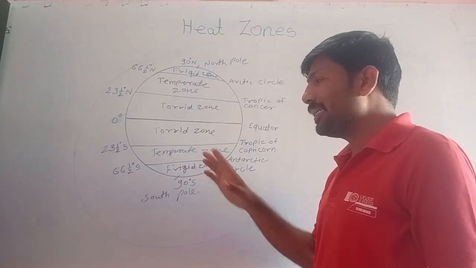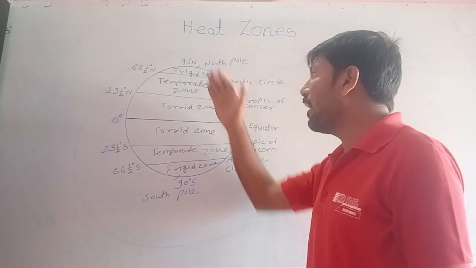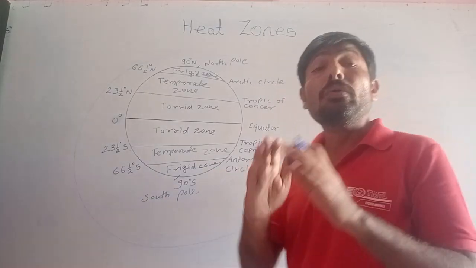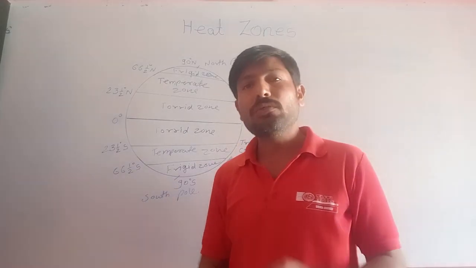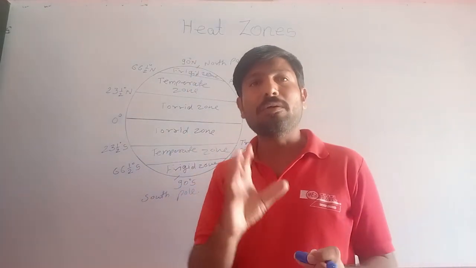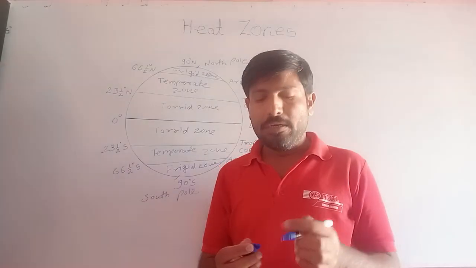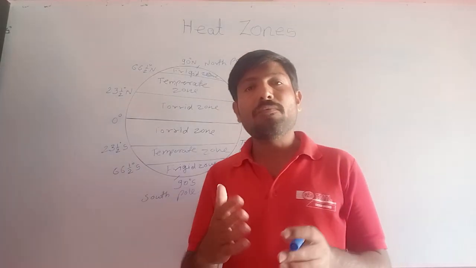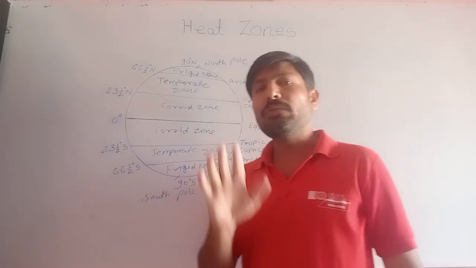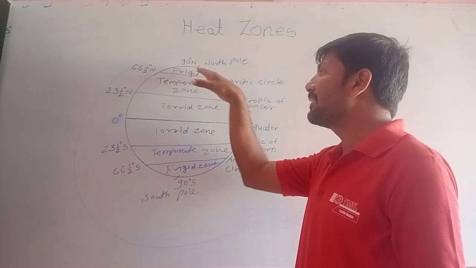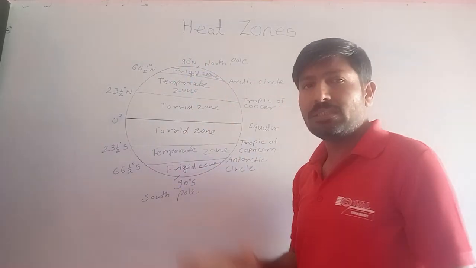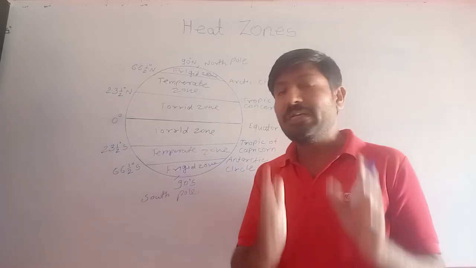These two areas, located toward the polar regions on both sides of the globe, receive no sun rays throughout the year. That is why the water of the oceanic body freezes there. It means the water converts into snow because of no sun rays throughout the year. That is why the area lying between the Arctic Circle and the polar region, and both the polar regions, is known as frigid zones.